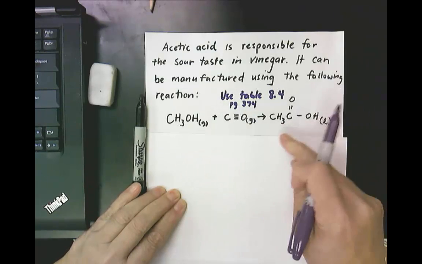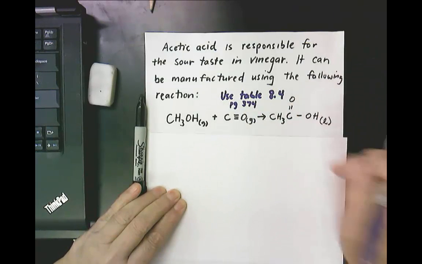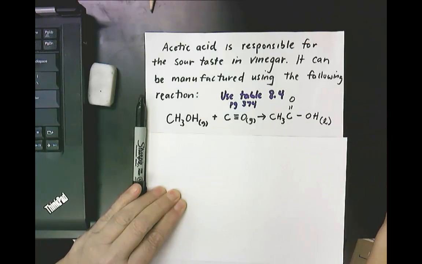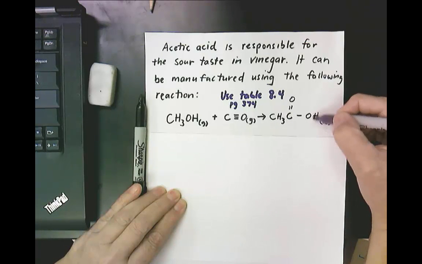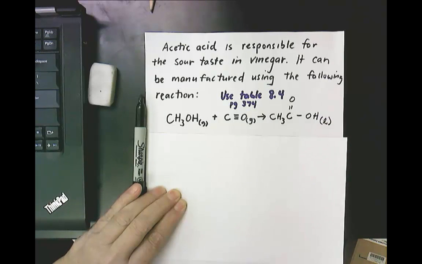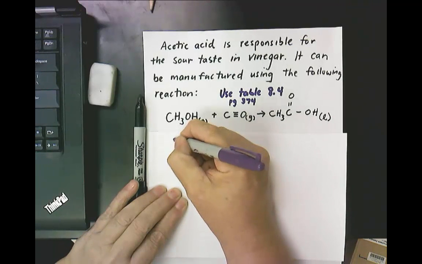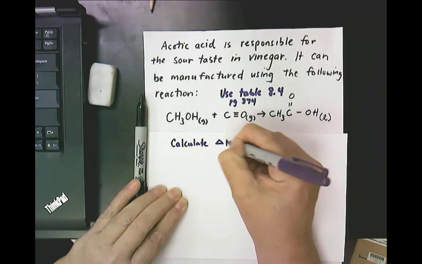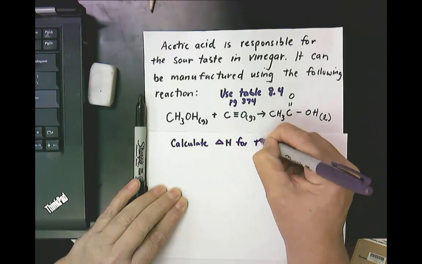They're reacting, and then here we're forming our acetic acid, C2H3O2. And then here's our acidic part of the acetic acid. Okay, and so the question is asking us, calculate delta H for this reaction.